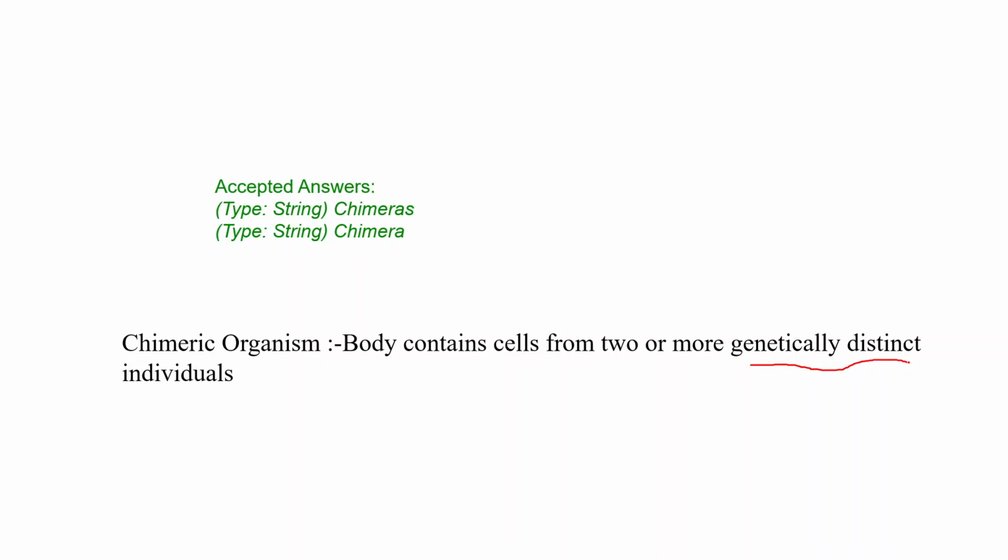Basically, these organisms contain cells that have originated from two different distinct zygotes. So there are two different zygotes, and fusion of embryos or exchange of cells between the embryos has led to the formation of a chimera. The genetic origin in this case is two or more different zygotes.